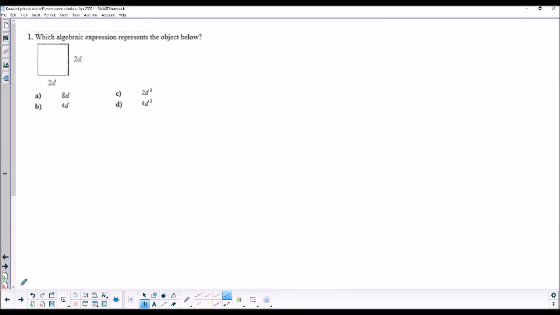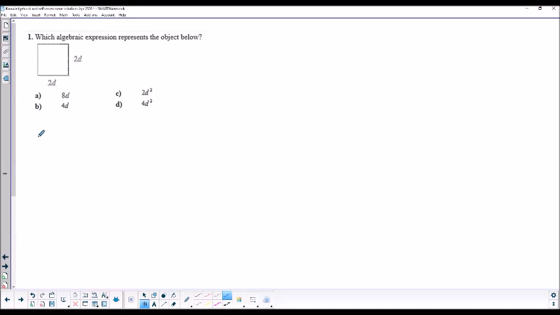Now we move on to questions from the self-assessment, or I guess this would be the powers exponent laws quiz that I gave you. So which algebraic expression represents the object below? Well, we've got a square, and we've got 2d, 2d, so the dimensions of this are 2d by 2d.